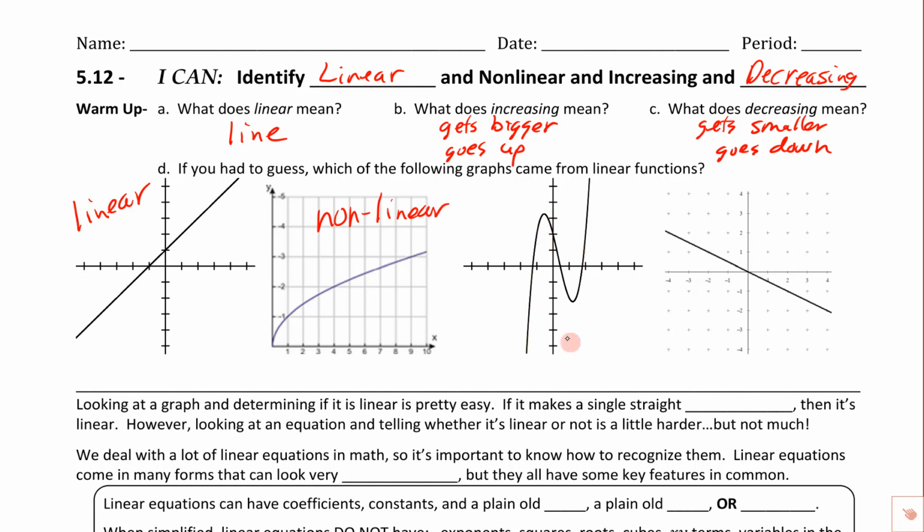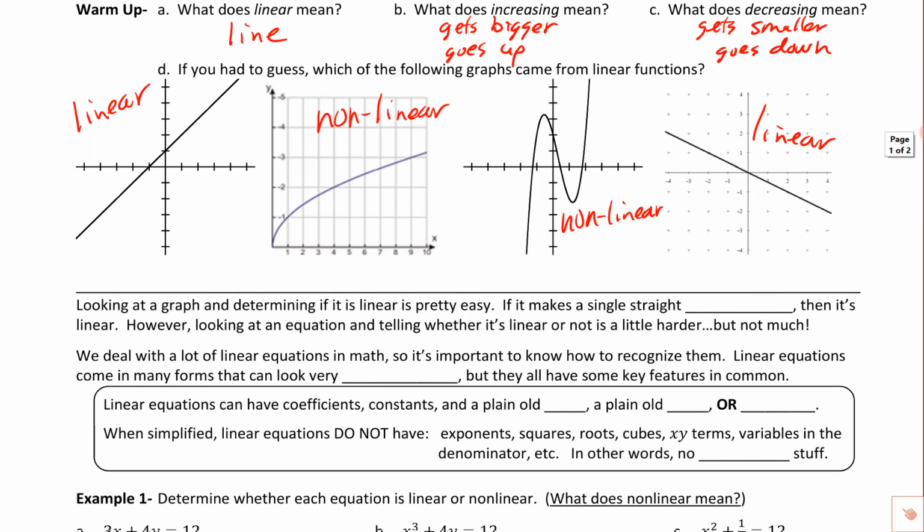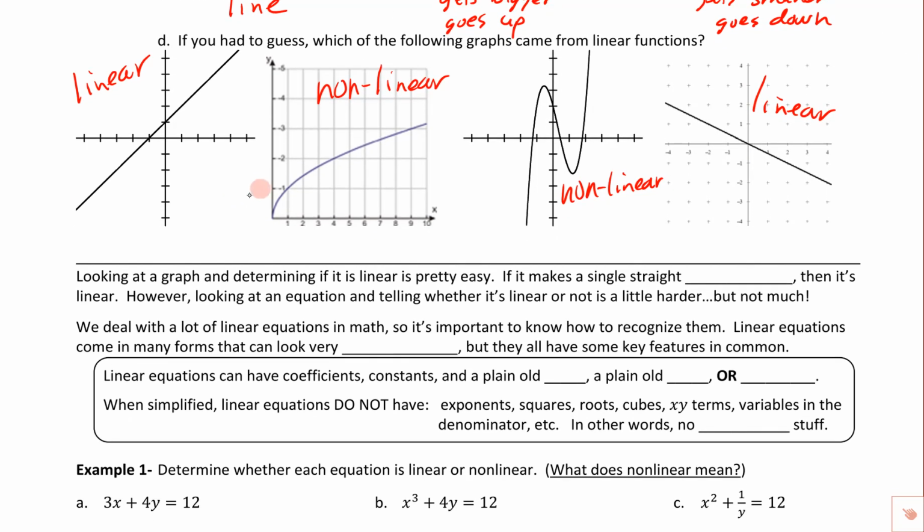This one is also kind of curvy, so this one would be non-linear. And I've seen this both ways. You can see it with a hyphen and without a hyphen, so either way is fine with me. And then this last one, this is also a straight line, so this would be linear. So looking at a graph and figuring out whether or not it comes from a linear function, that's pretty easy. If it makes a single straight line, then it's linear.